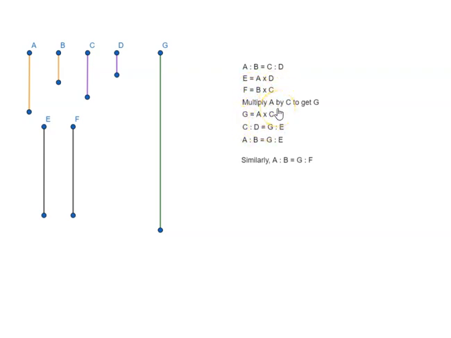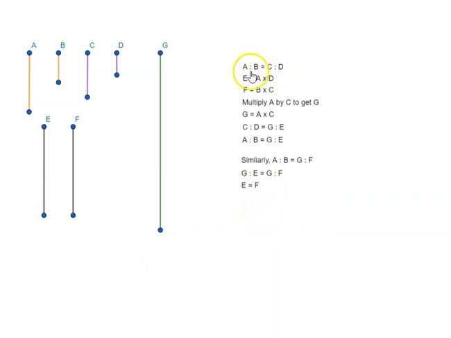This is another proposition that we have seen, based on which we are saying A is to B equal to G is to F. If you notice, here you have A is to B, here you have A is to. So we can say G is to E is equal to G is to F. And since E and F are both being compared to the same number and the ratios with that same number are equal, that means E is equal to F.